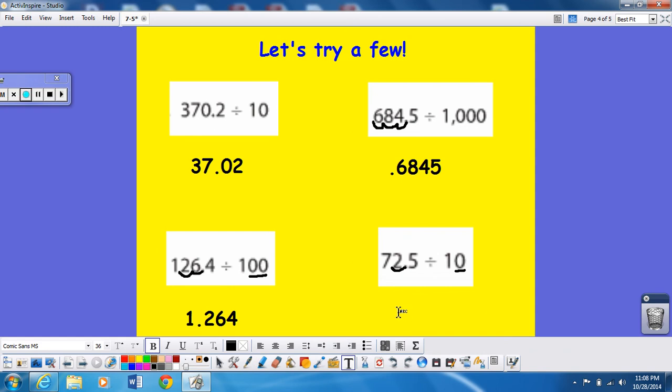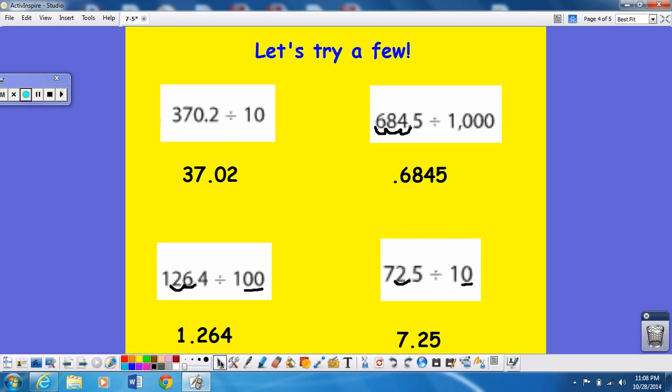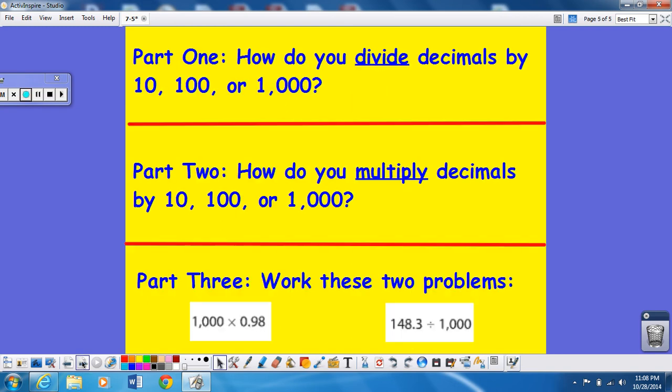And my answer is 7 and 25 hundredths. Okay, so very simple, just like multiplication, but going in a different direction. You've got to remember which way you're going, because on a test, you can have a division and then a multiplication, and maybe a multiplication and a division. So I need to make sure you remember which goes which way.